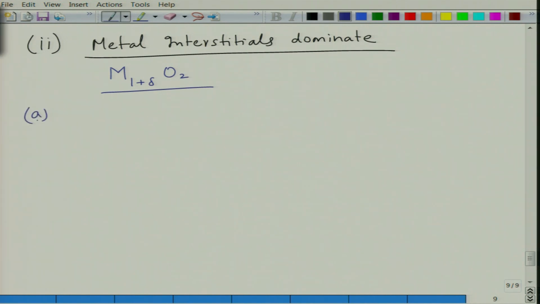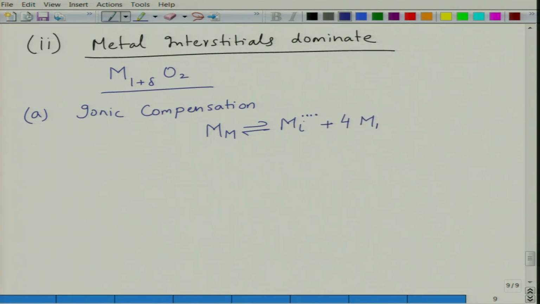Now that you understand how to write the defect reaction, the first is ionic compensation, and the ionic compensation is basically MM, metal at metal site, going to Mi plus 4 mm.